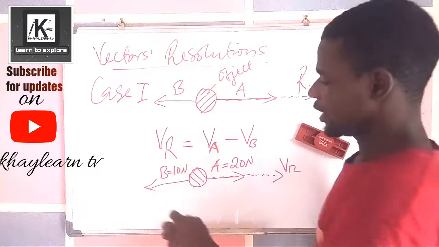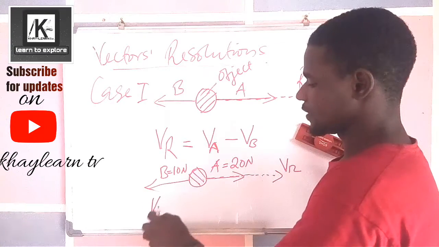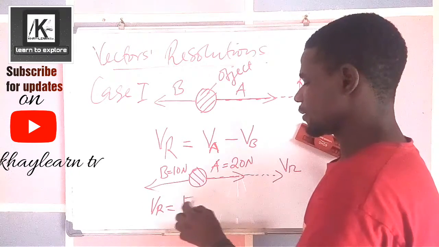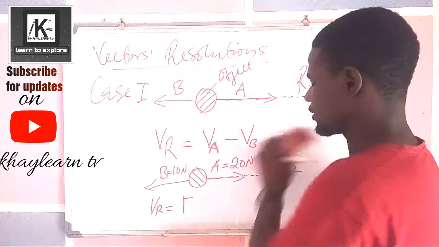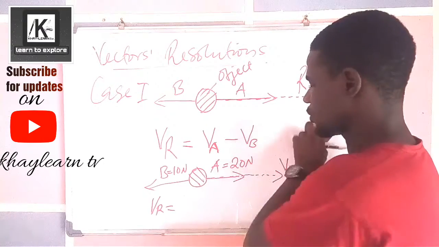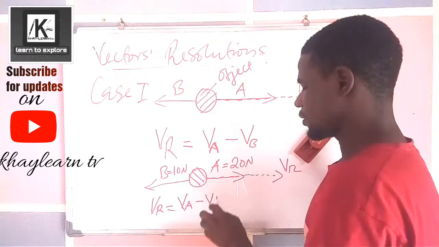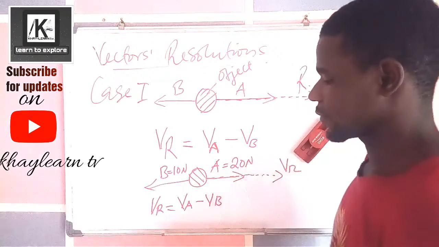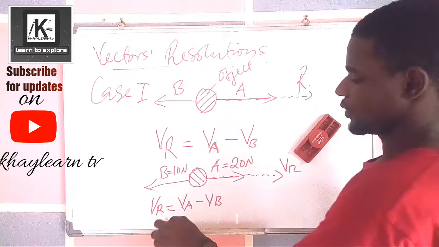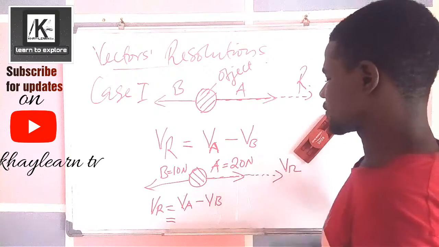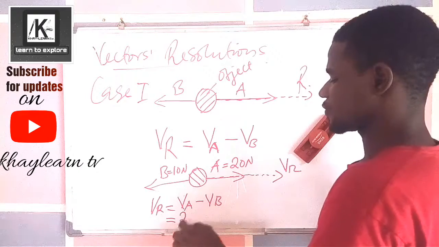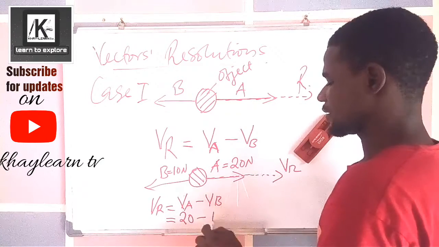Now, what we are going to have as our resultant is VR equals VA negative VB. Now VR will be equal to, my VA is 20 Newton, so what we have is 20 negative 10.